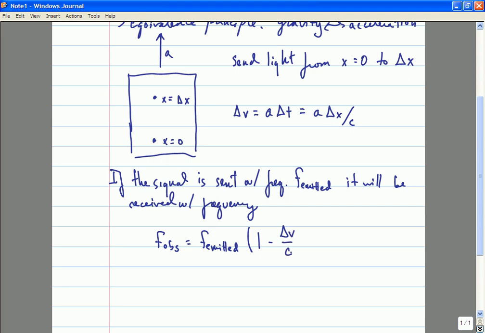So that's just the Doppler formula, which says that there's a relative shift in the frequency proportional to the relative velocity of the signal and the receiver, divided by the speed of the signal, which in this case is the speed of light, which, plugging in this formula, is 1 minus a delta x over c squared.